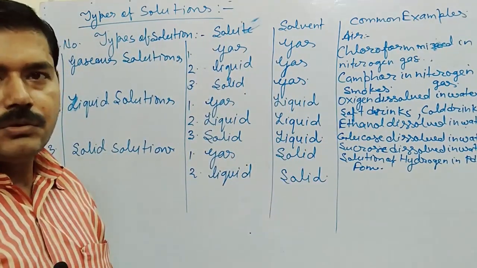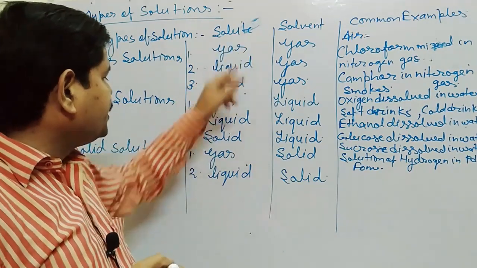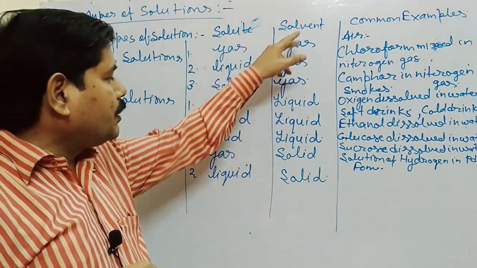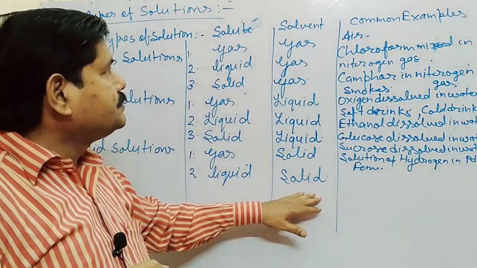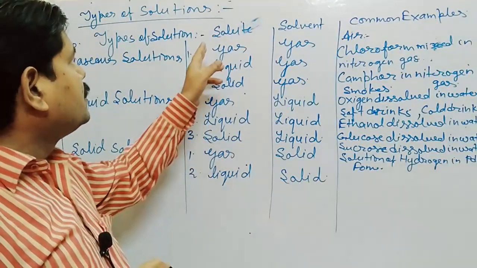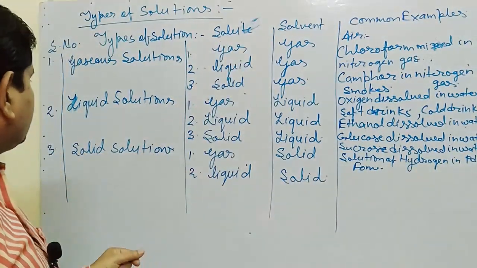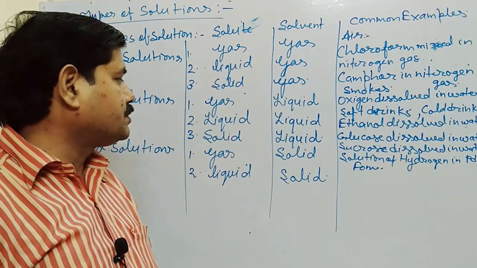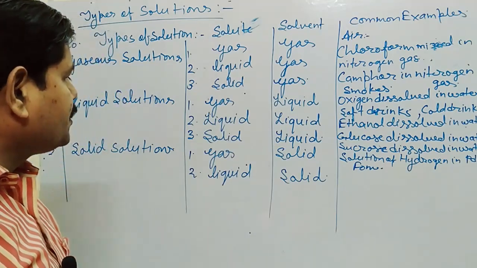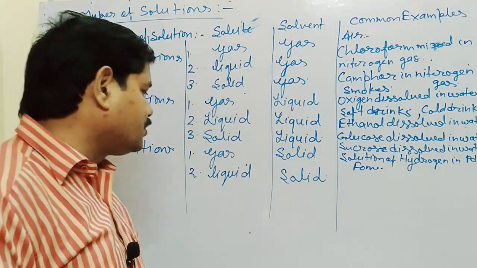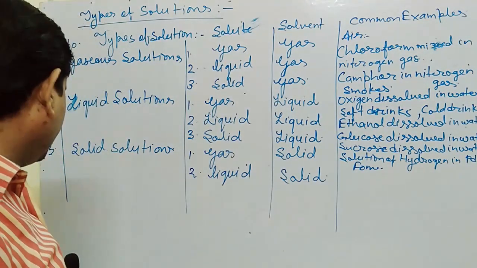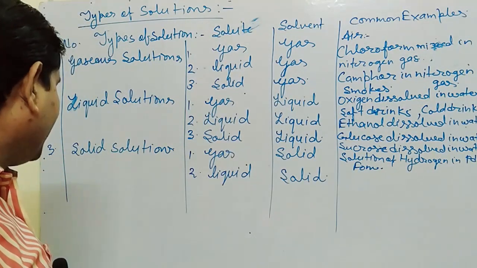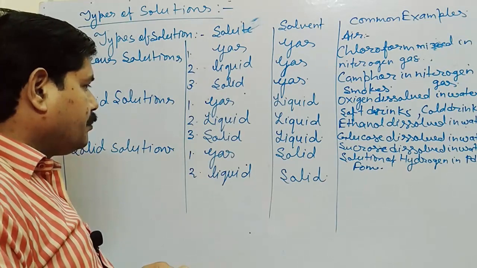In this type of solution, the solute is a liquid and the solvent is a solid; these are called liquid-solid solutions. The main example of a liquid-solid solution is an amalgam of mercury in palladium.